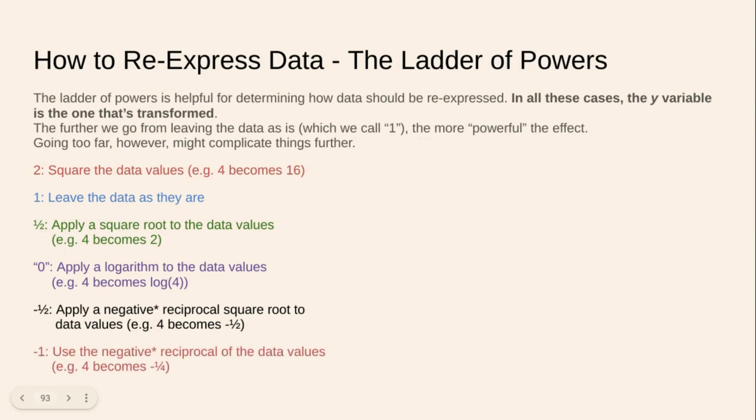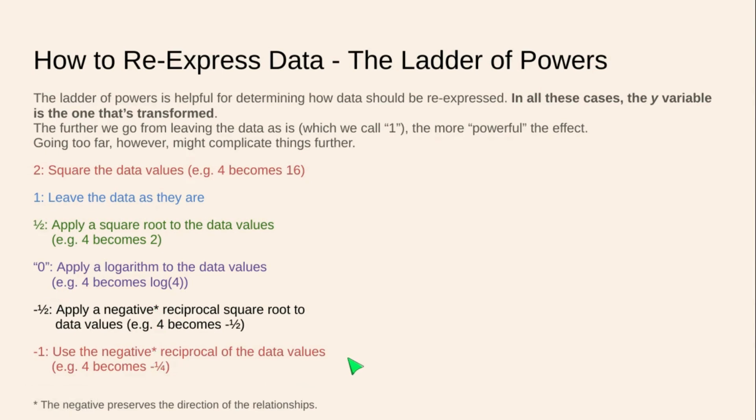And the most powerful transformation we have is to use the negative reciprocal of the data values, which we refer to as -1. So in other words, a y value becomes its opposite reciprocal. 4 would become -1/4. So why the negative? You notice the asterisk right here and the asterisk right here.